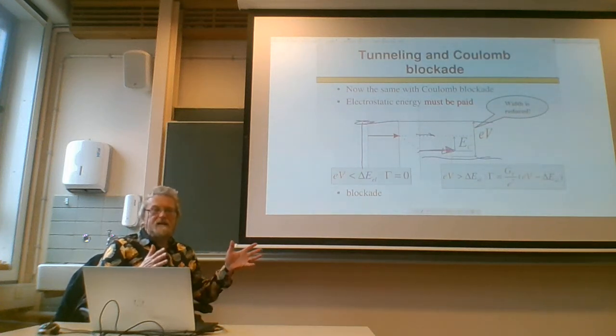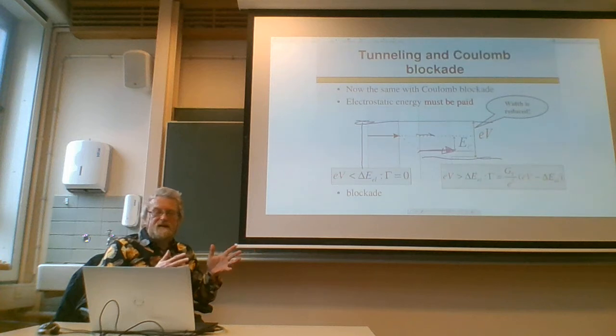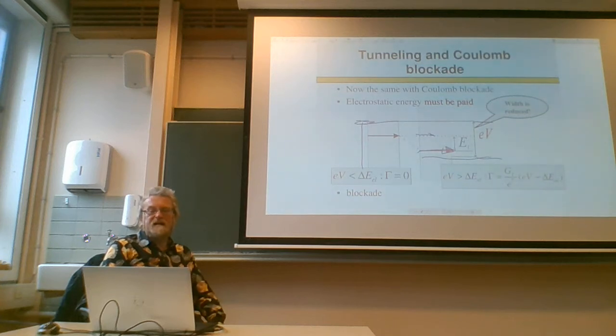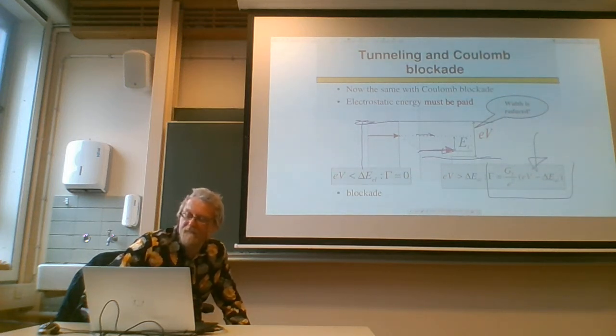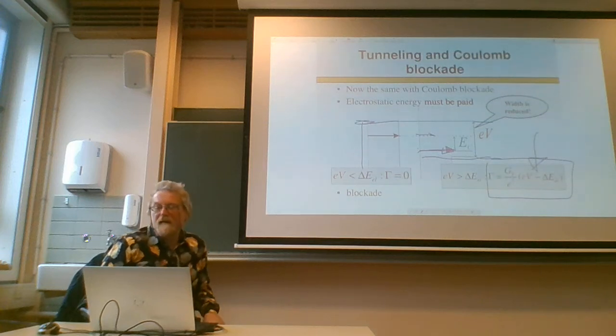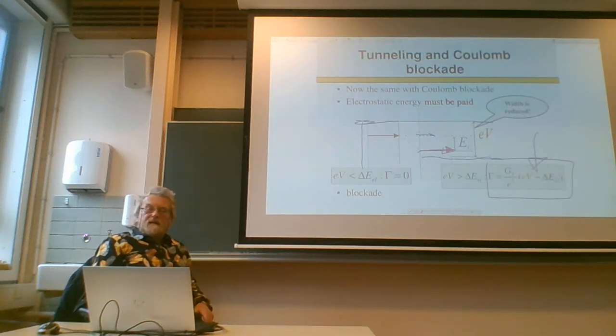And that reduces the width of the energy strip available for tunneling. So that's how the rates are affected by Coulomb blockade. The energy difference comes into play.